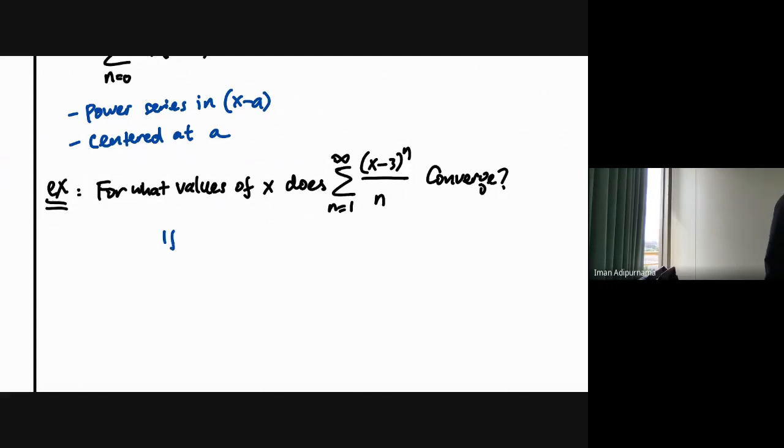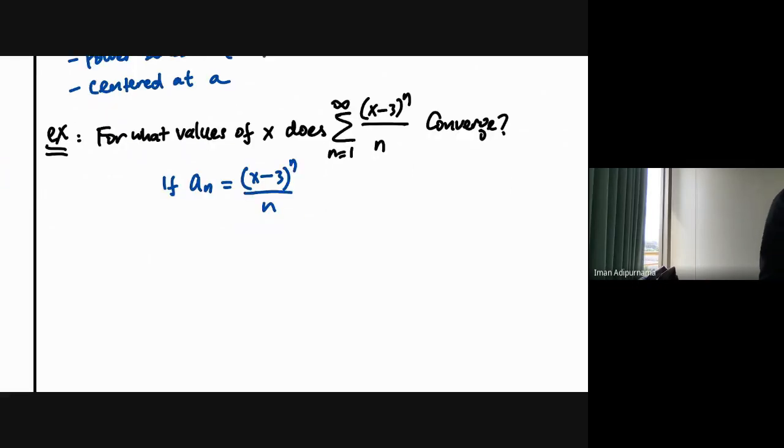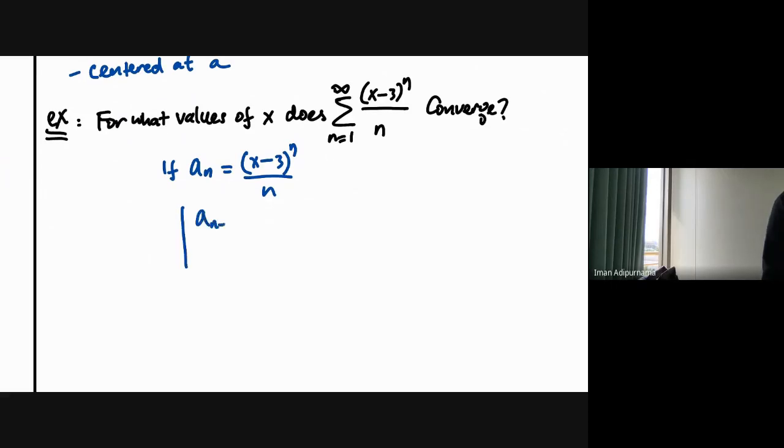Okay, so let's define the a_n as the sequence, and we can go to the ratio test.